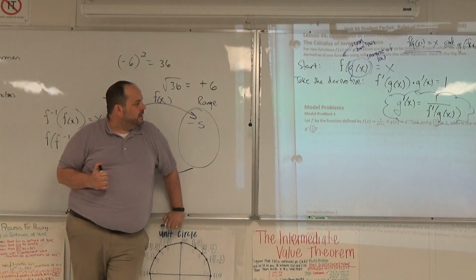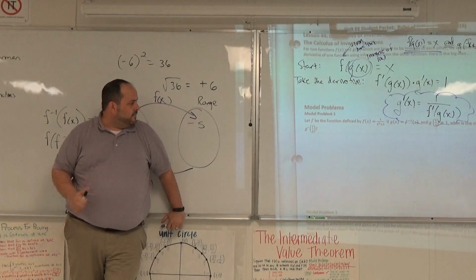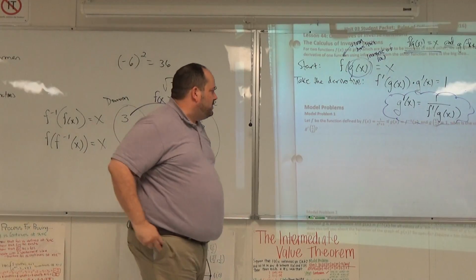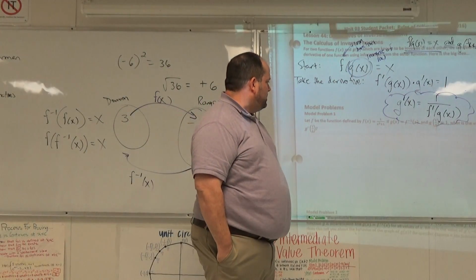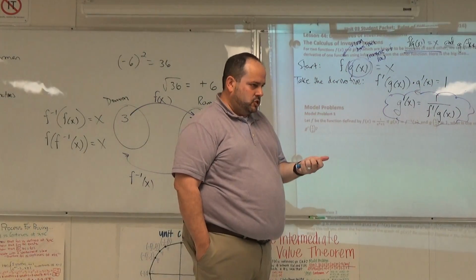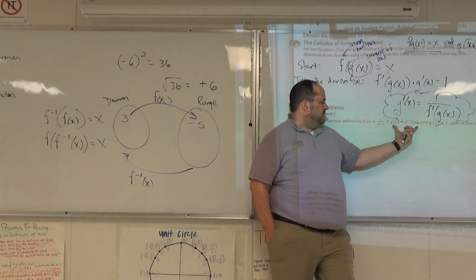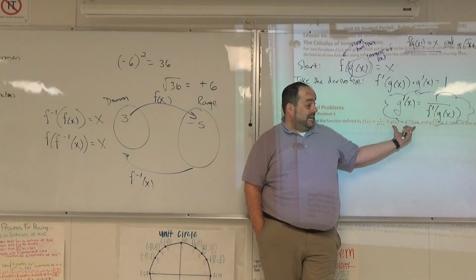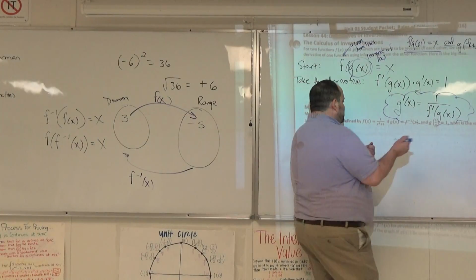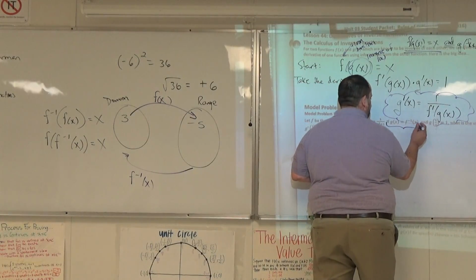All right. So let's look at a model problem. Let f be the function defined by f of x equals 1 over x cubed plus 1. If g of x equals f inverse, so now they're telling us g is the inverse, we've got the inverse relationship that I'm looking for.